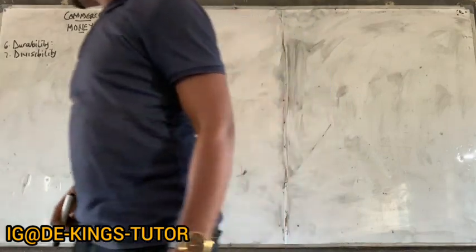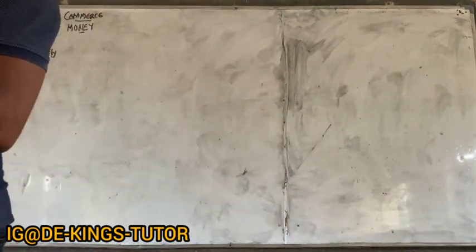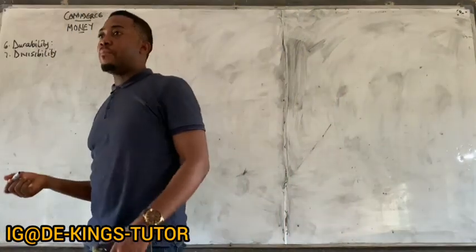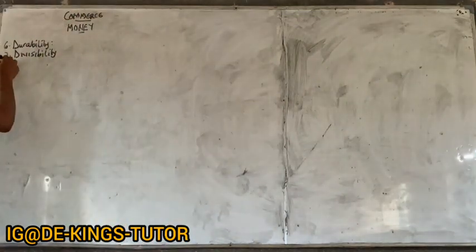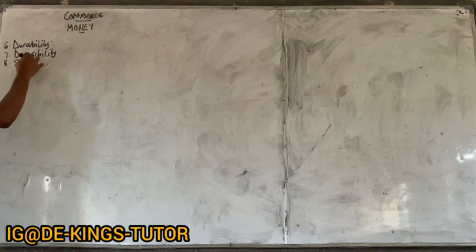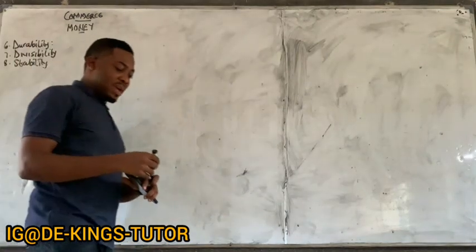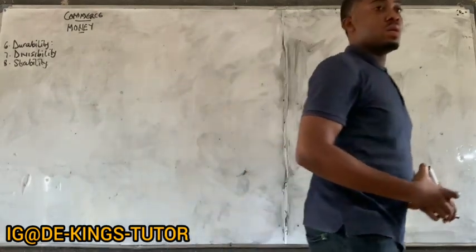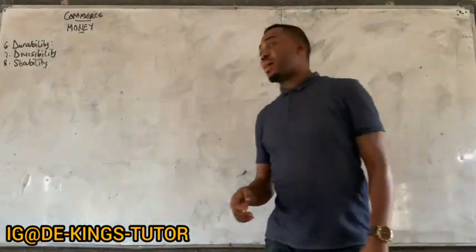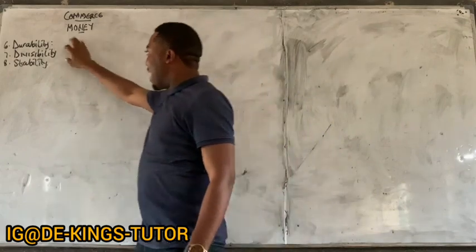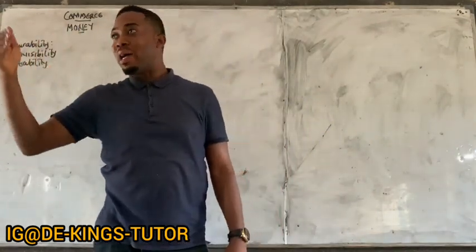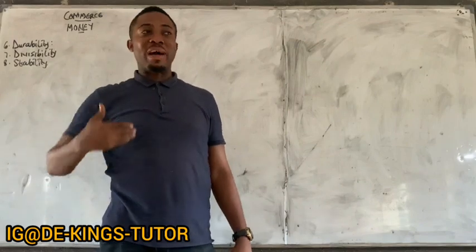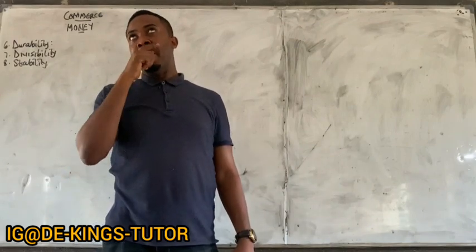Full stop. Number 8, stability. Now let me explain divisibility. Divisibility is one of the characteristics that says that money should be able to be divided into smaller denominations in order to facilitate exchange. Okay?